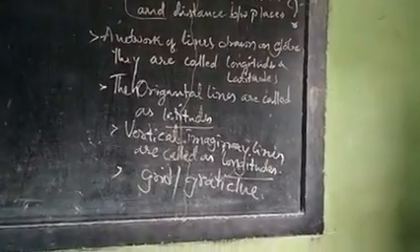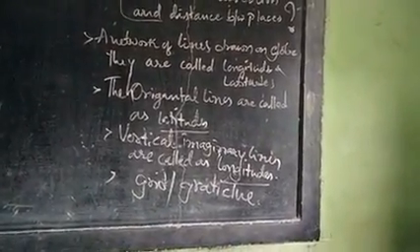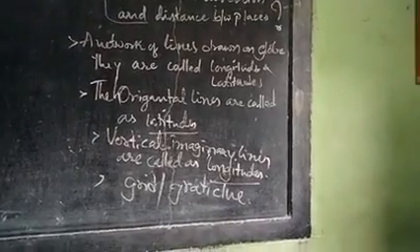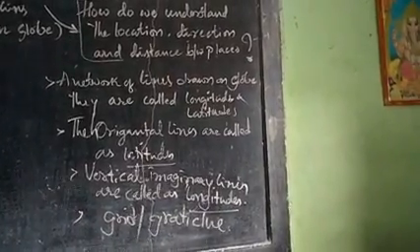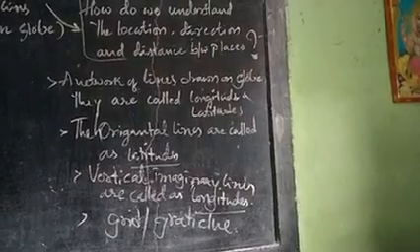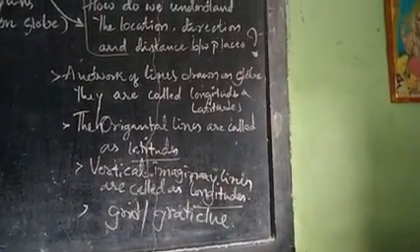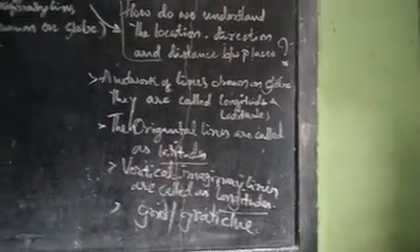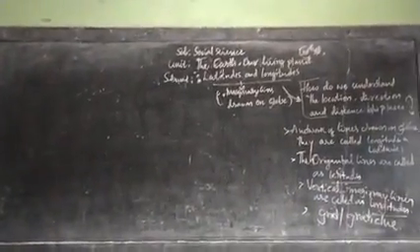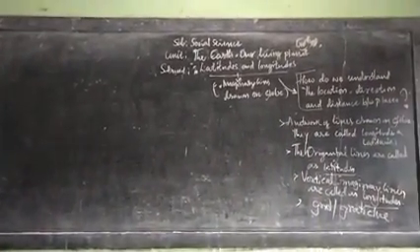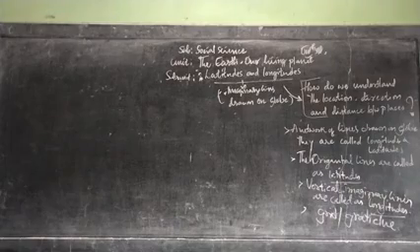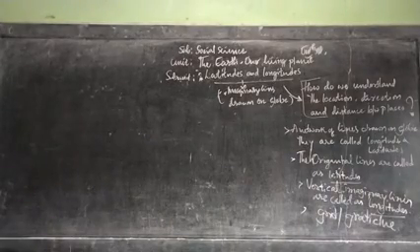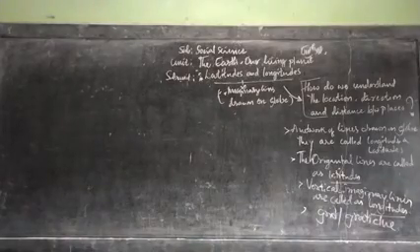And the vertical imaginary lines drawn on the globe are known as longitudes. Totally, the network of these longitudes and latitudes is called a grid or graticule. Now we know something about latitudes.